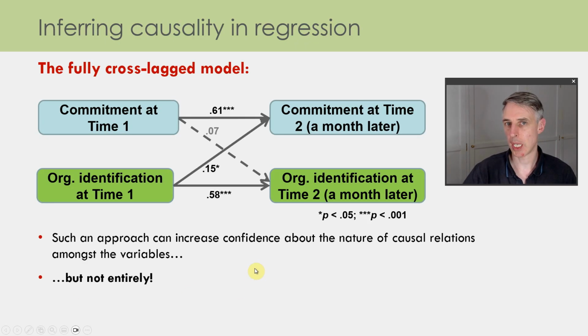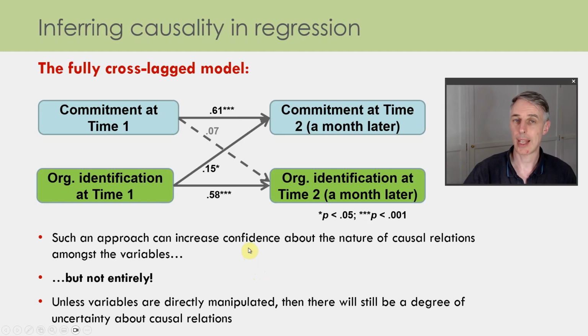There's always going to be residual, often considerable, uncertainty that the relationships are causal, because unless we directly manipulate variables, there is still going to be a degree of uncertainty about the causal relationship. Are these variables, for example, confounded with other variables that we haven't measured? So all those things are still at play in this sort of longitudinal cross-lagged research design, even if it does in and of itself give us a little bit more of a handle on what the relationships between them might be.